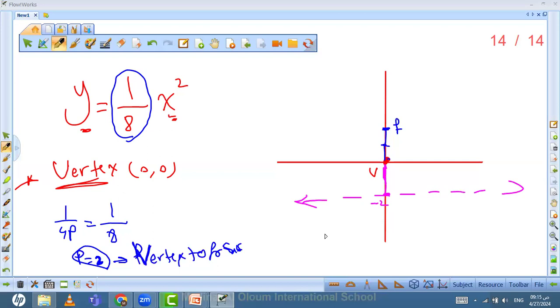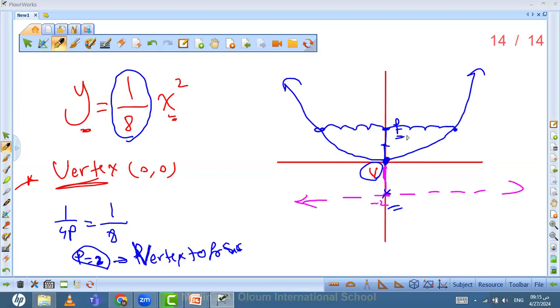Okay, guys, now I need to graph from the focus this distance. You can count 4 and go right 4 and left 4 and you graph the parabola. All I need, guys, is my focus, my vertex between focus and directrix. Let's do another one.